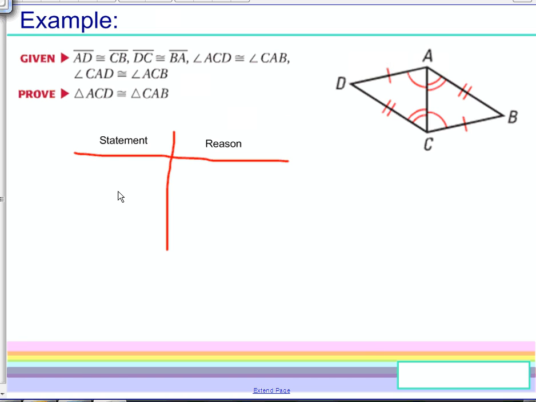I want to prove that these two triangles are in fact congruent to each other. So I'm going to go down the line and just list things. I'm going to say, okay, well I know AD is congruent to CB, and the reason for that is it is given.